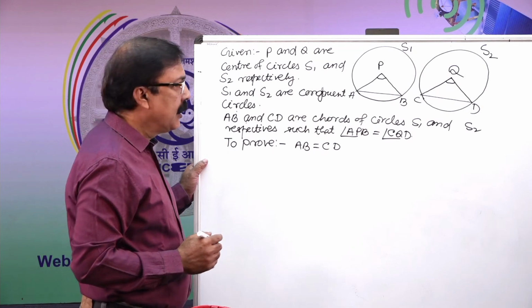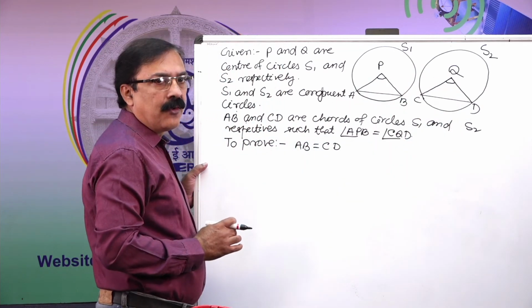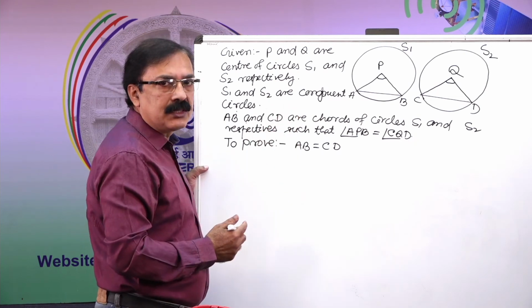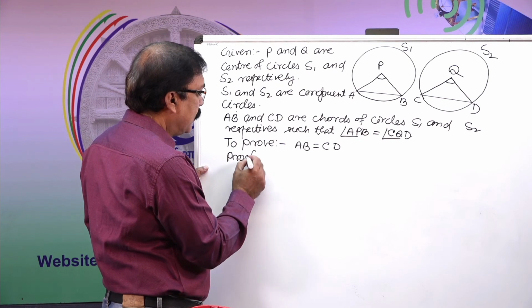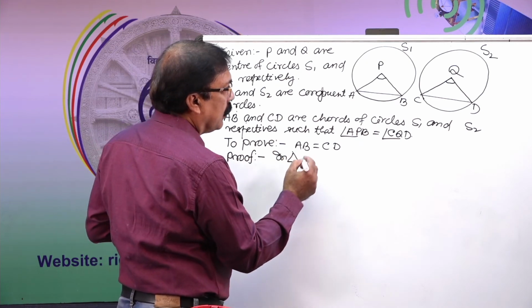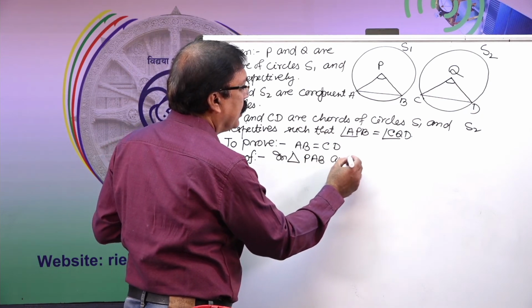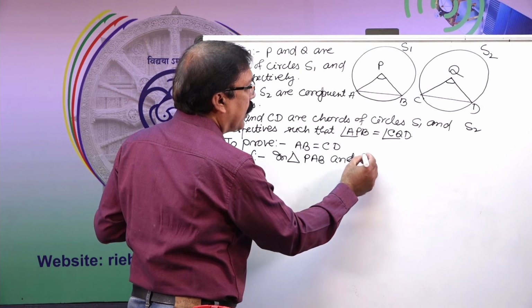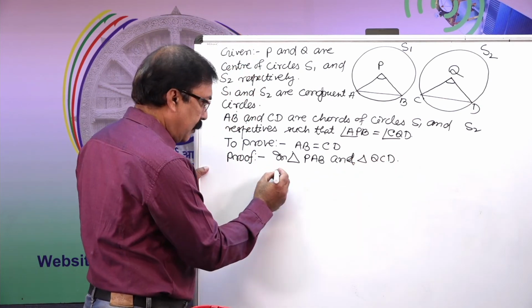Now let's see, here also we have two triangles, so we can prove the congruency of these two triangles. So how to prove congruency? In triangle PAB and triangle QCD, what are equal?